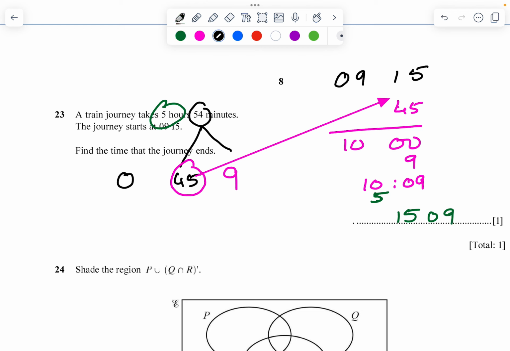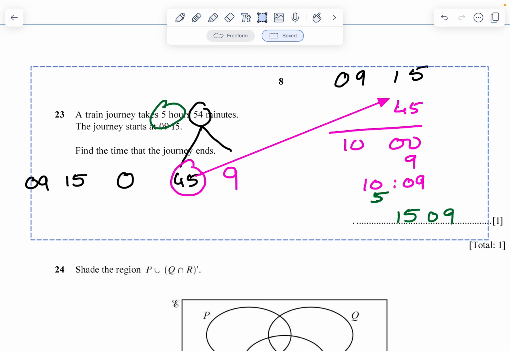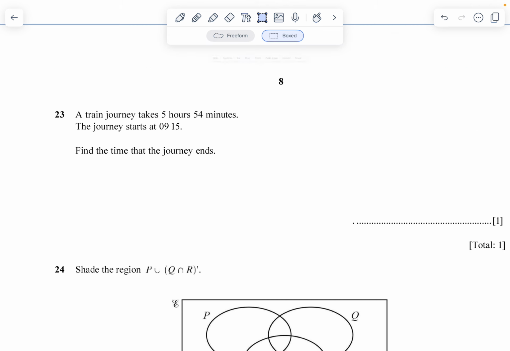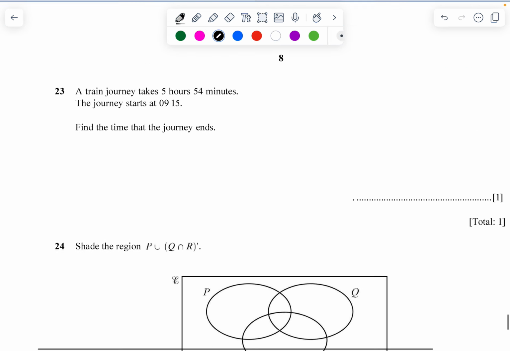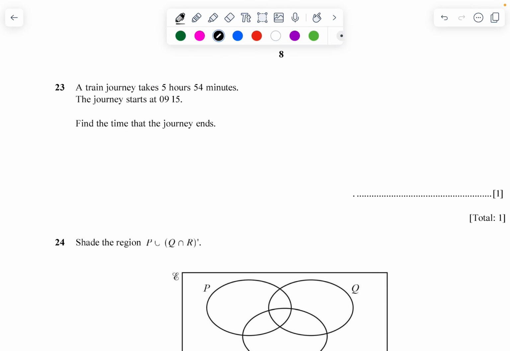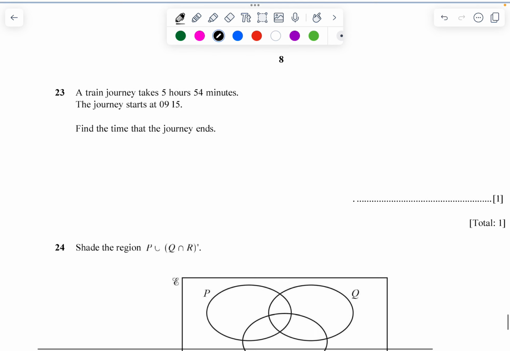So let me write it out over here. Let me erase this entire thing. Question number 23. A train journey takes 5 hours 54 minutes. It starts at 9:15.